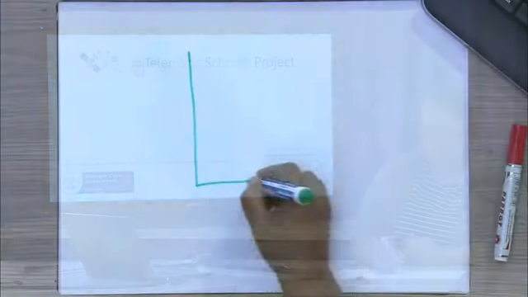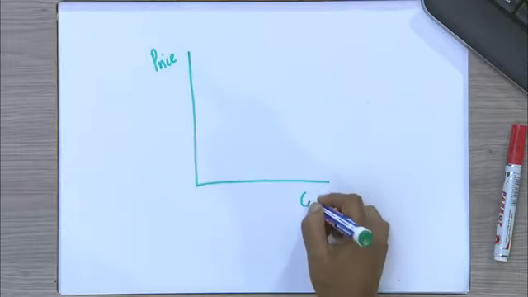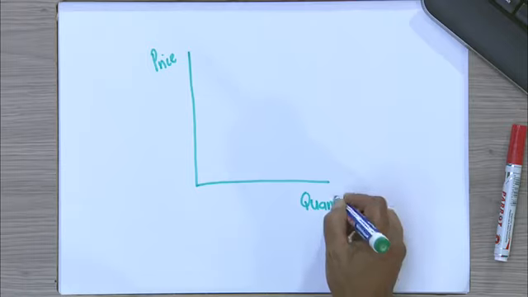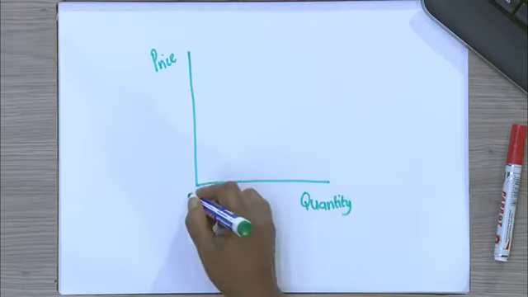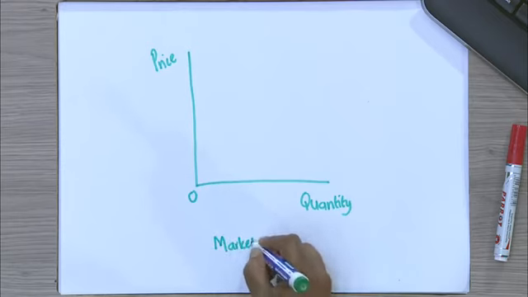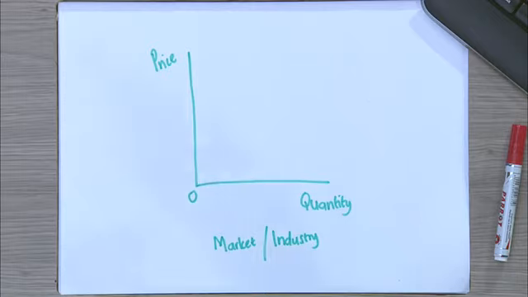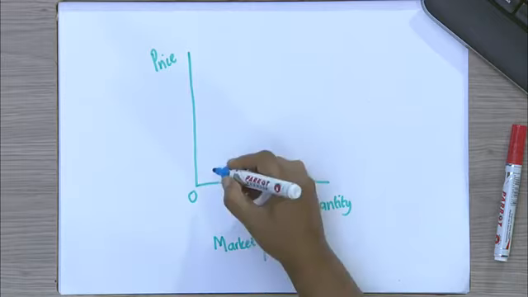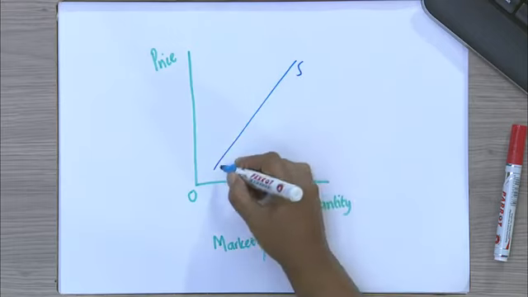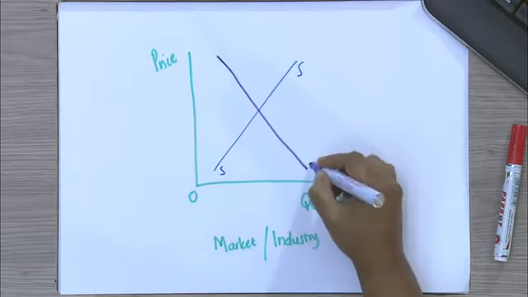So if you look at the graph for the industry or the market, so we've got supply, and we've got demand.